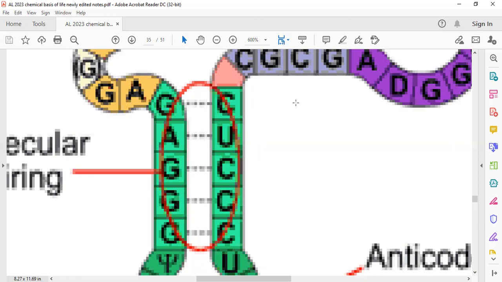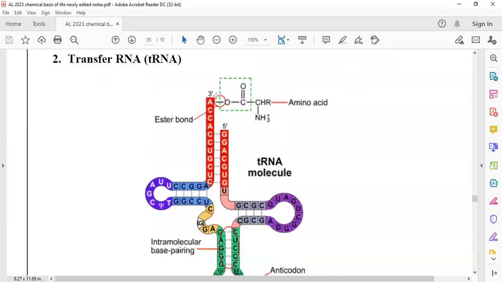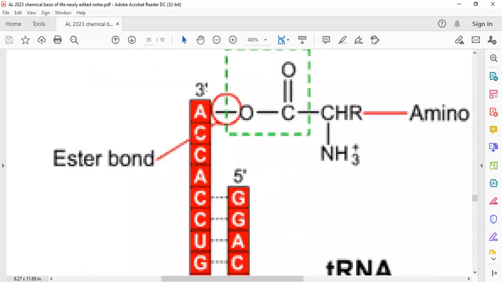Guanine, as usual, is paired to cytosine. Adenine is paired to uracil because thymine is absent here. In that place only uracil is there. Structurally, uracil and thymine are very close. And here you can see the 3' end and 5' end.